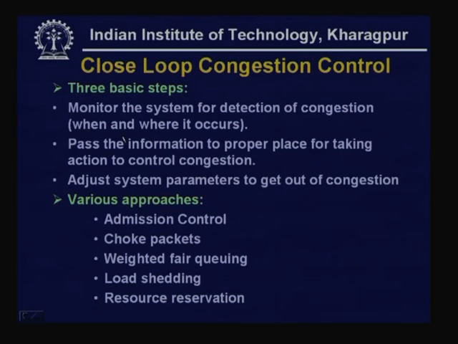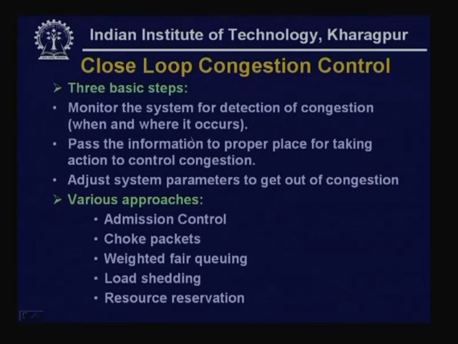That means the monitoring of the status of the network is necessary, and usually it is done by the nodes or the switches. They will monitor and decide based on the delay, based on queue length and various other parameters, and then that has to be informed to the place where the action is taken.